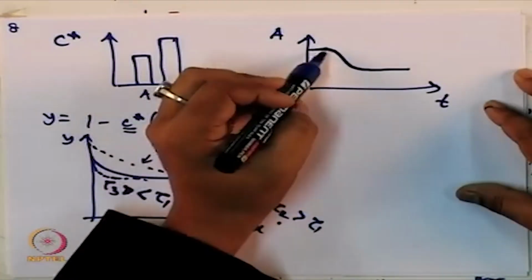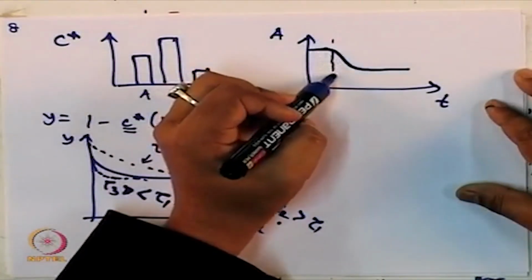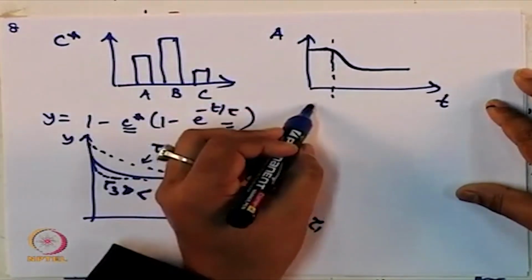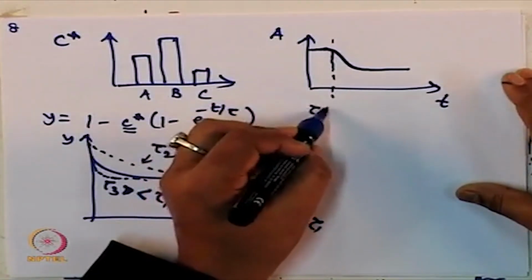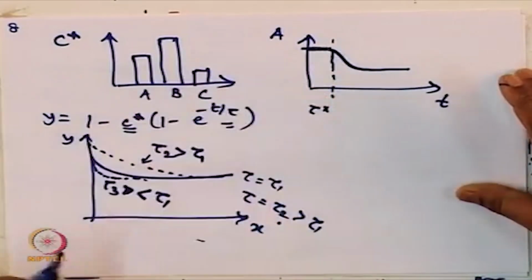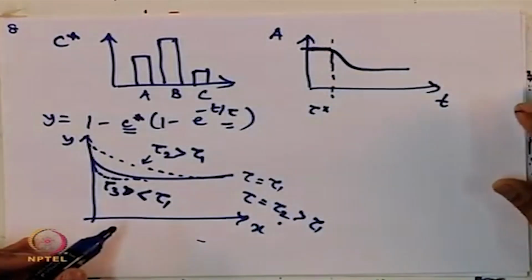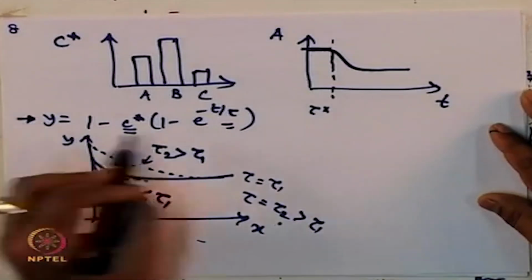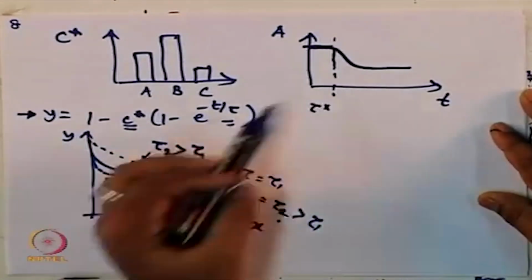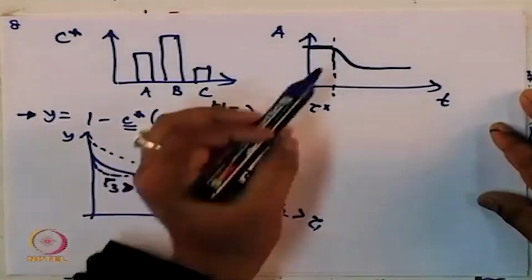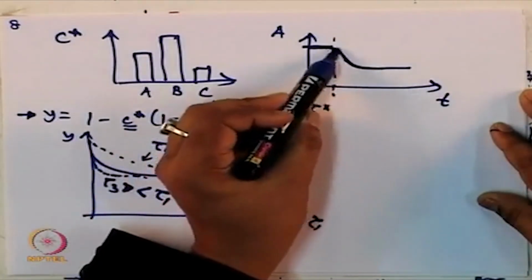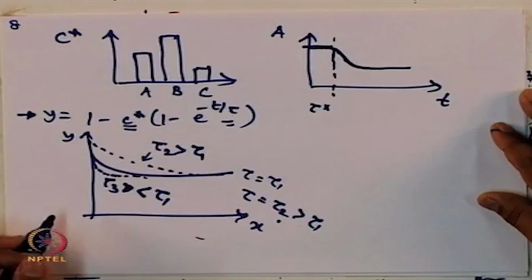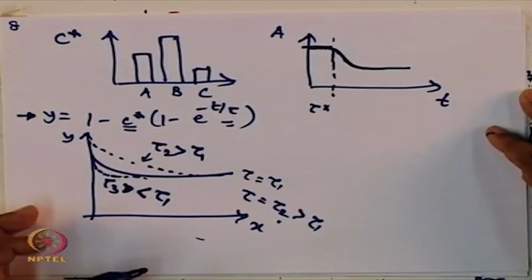Which means that for a certain time point, tau star, there was no change in area and then it began to drop. Okay. So, this equation cannot take care of this time tau star in this calculation. This tau only captures the time constant when there is a change in area. So, how can we incorporate this into the equation?